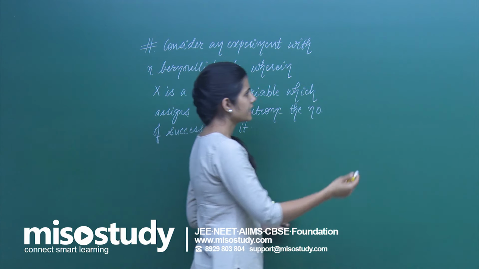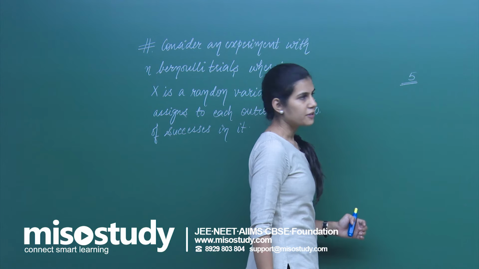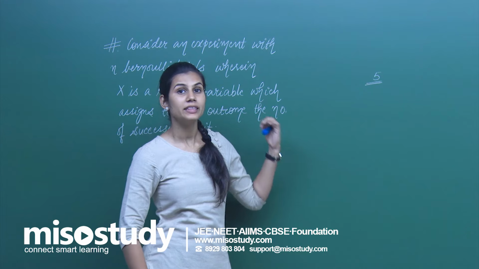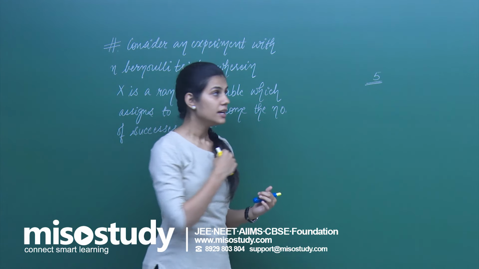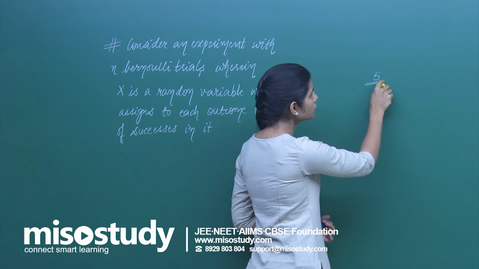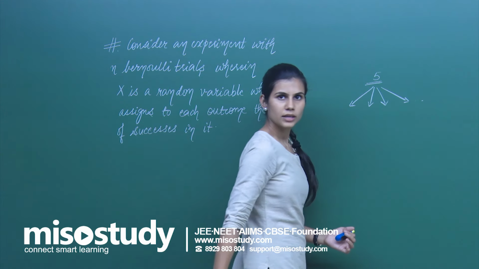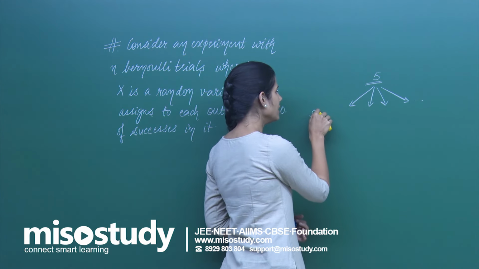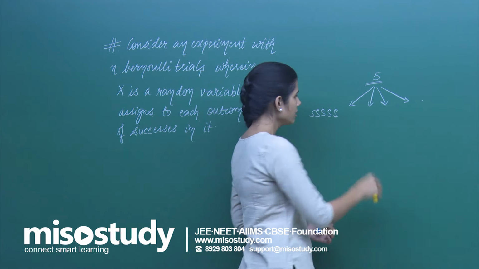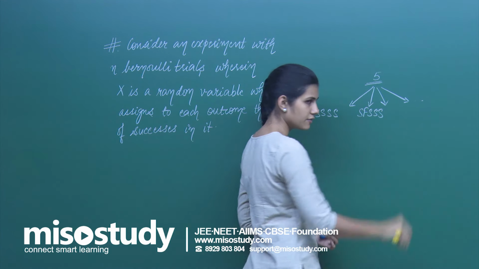Okay? So basically, if your experiment is being performed 5 times, that means the same experiment is being performed 5 times, you consider then the experiment of these 5 Bernoulli trials. Now when you consider this experiment of 5 Bernoulli trials, what will be your outcomes? You can get success in the first trial, success in the second, success in the third, success in the fourth, success in the fifth. You can get success in the first, failure in the second, success in the third, success in the fourth, success in the fifth.